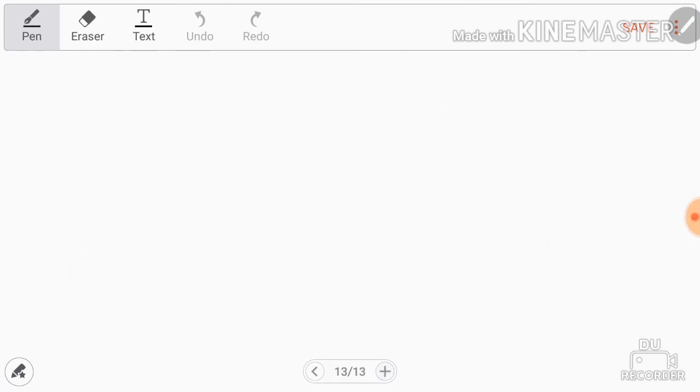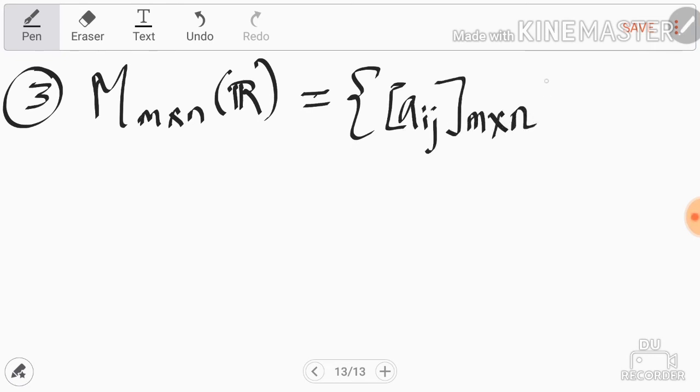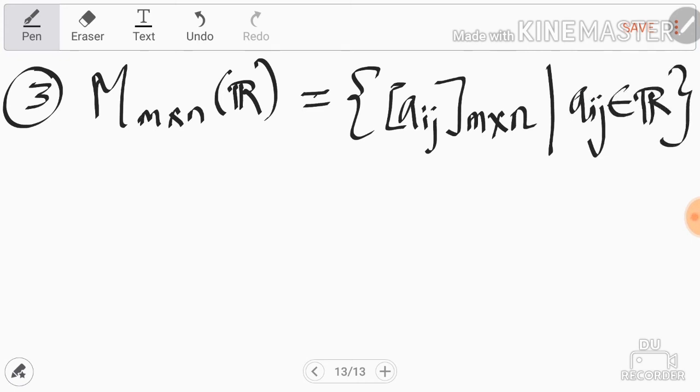Okay, let me give you a few more examples of vector spaces. The third example is M(m cross n, R). This is nothing but the set of all matrices aij of order m cross n, where all these aij's are taken from the set of real numbers.